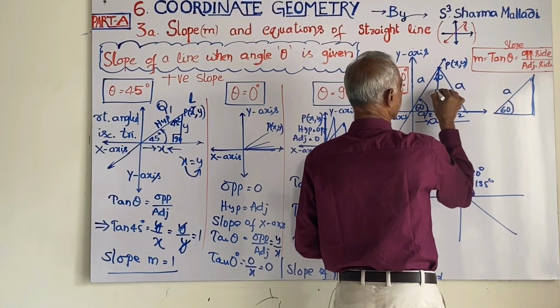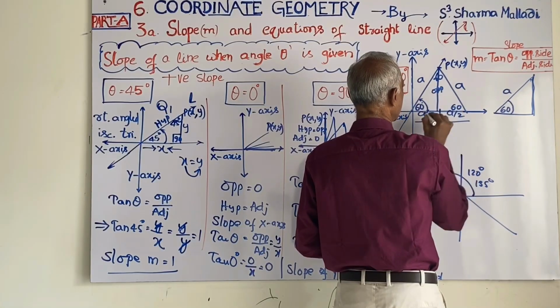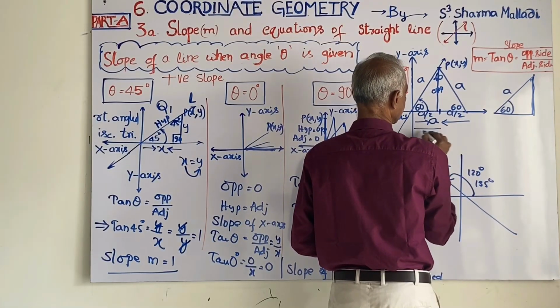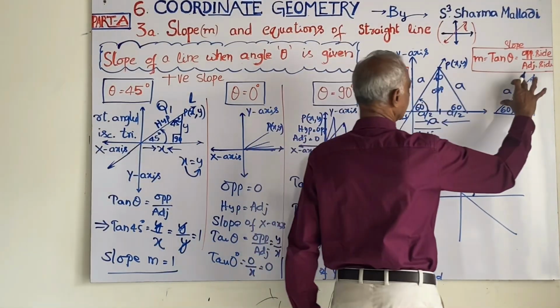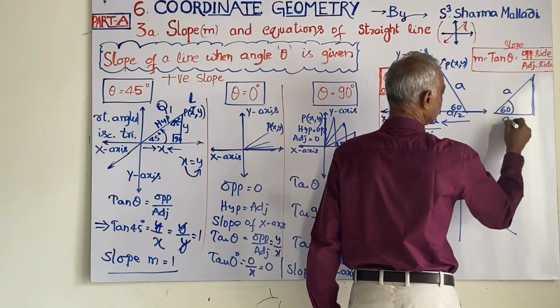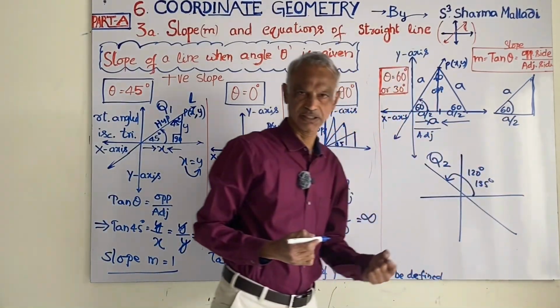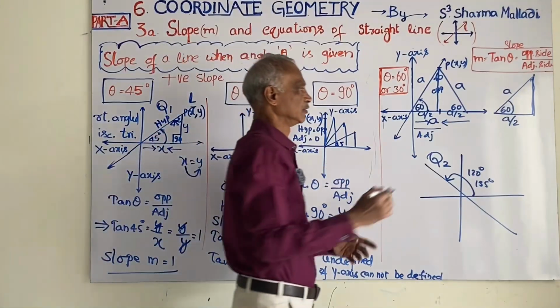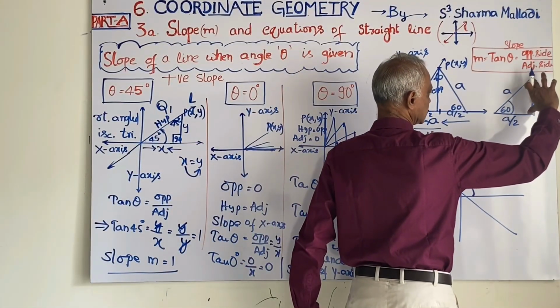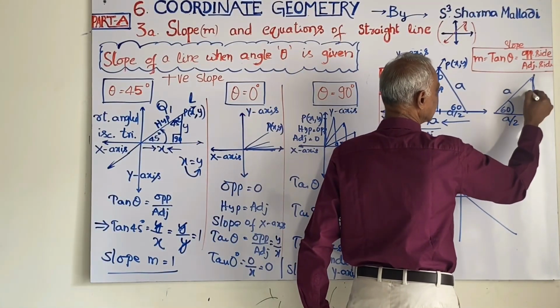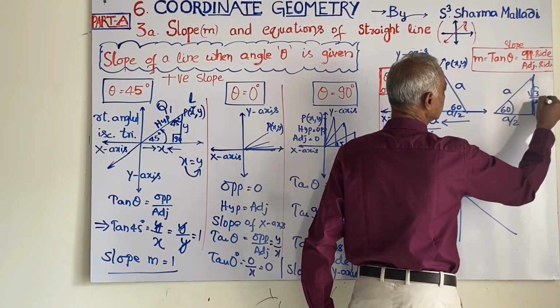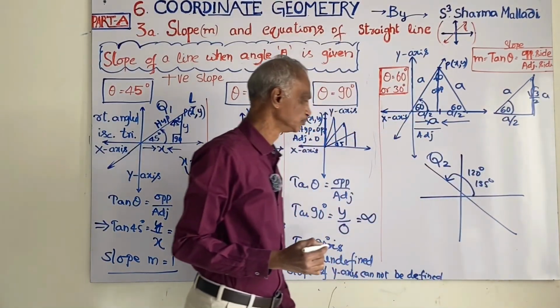This is the opposite side and this is the adjacent side. This is a and this is a by 2. From the Pythagoras theorem, we have to find this perpendicular distance, that is the opposite side. That will be root 3 by 2 a. You should remember.